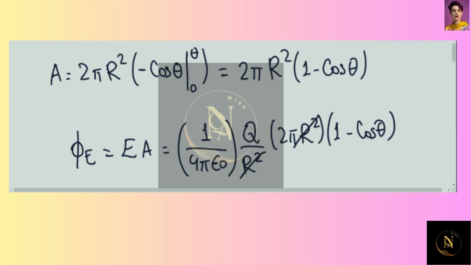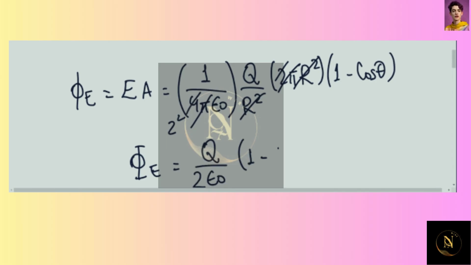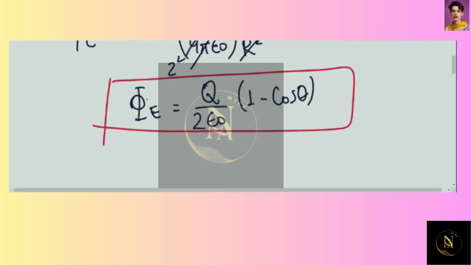We can cancel the radius squared, and we can also cancel pi with pi and the 2, so we are left with just 2. Then we obtain the electric flux is equal to the charge divided by 2 times epsilon sub 0 times 1 minus the cosine of theta. And this is the expression that we wanted to obtain.